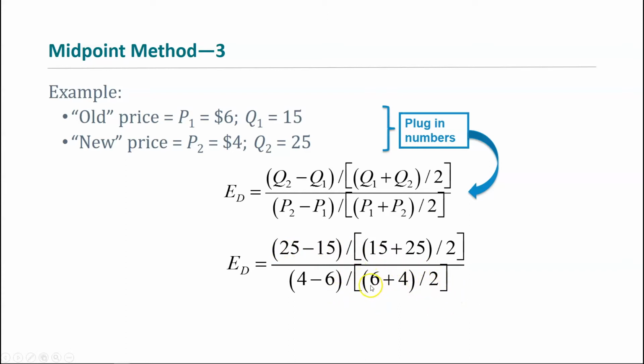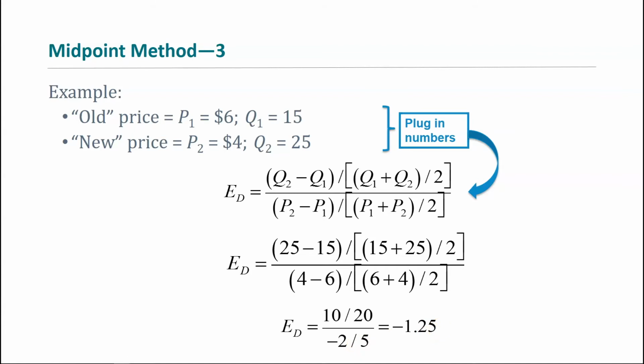The midpoint between 6 and 4 is 5. Then calculate 4 minus 6 divided by 5. Then you'll have 10 divided by 20 over negative 2 divided by 5. Do the math, and you get negative 1.25.